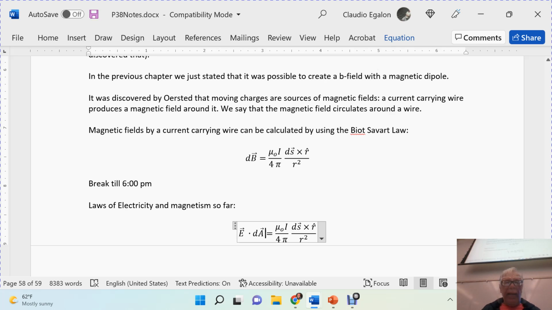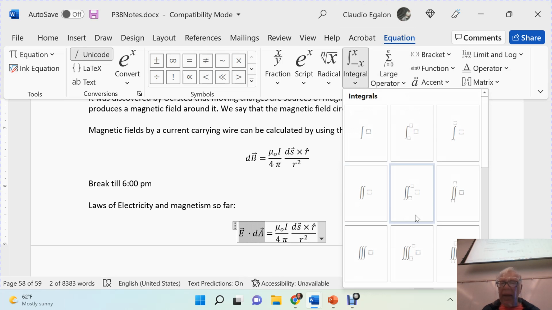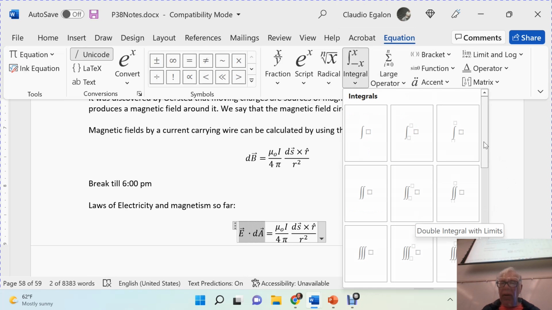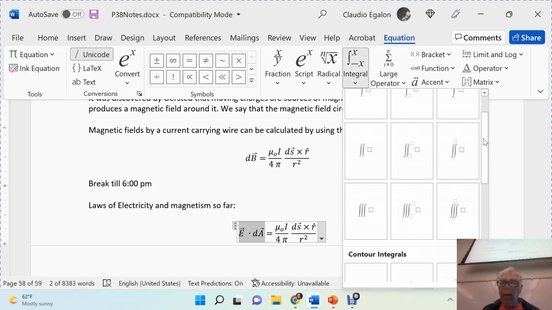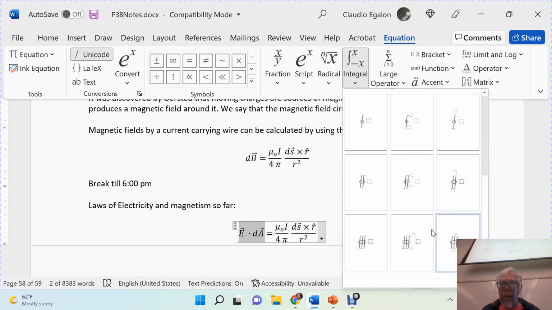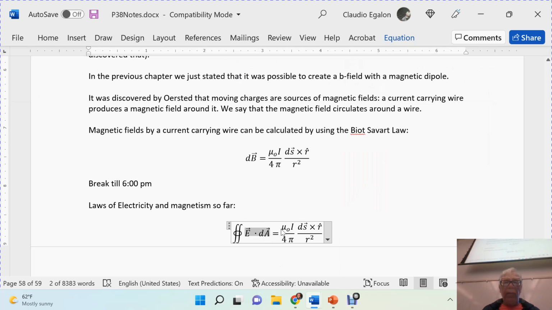And then we have an integral here, and it's an integral over a closed surface. Okay, and what goes on the right side?